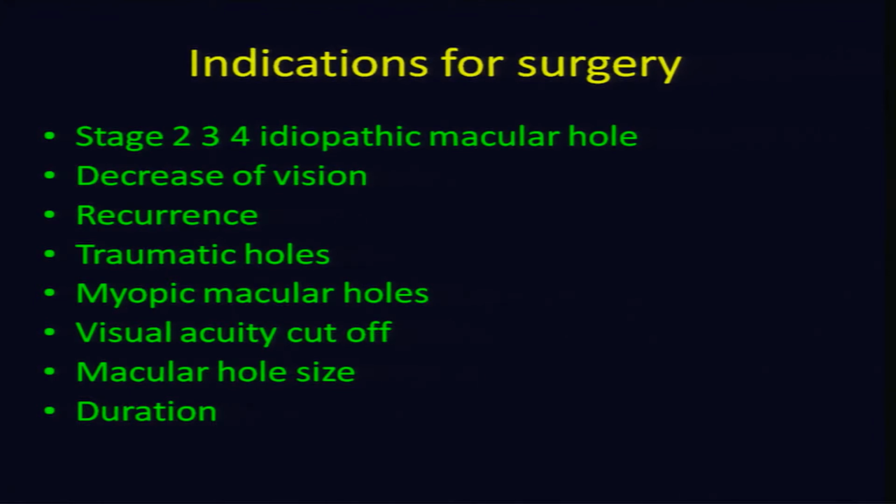And visual acuity, there is no gross visual acuity cutoff, but it all depends upon each individual surgeon. So if you have done an audit of your own clinical surgical success, and if you are able to consistently close the holes with good visual recovery, giving 6/9 or 6/6 parts, then you are justified in doing that. Macular hole size, macular hole forming factor, etc. are also important.